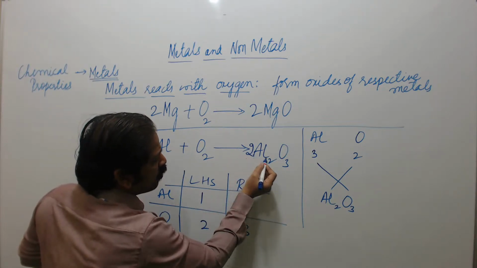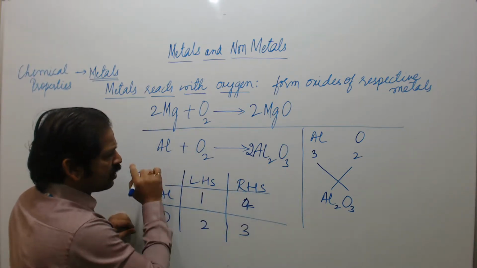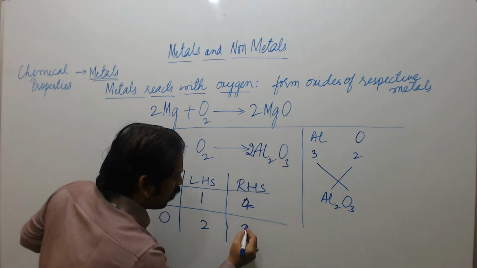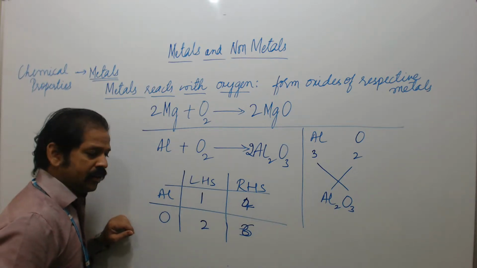Aluminium has become 2 twos are 4 on the right side, and the left side is 1. Oxygen: 3 twos are 6. Oxygen has become 6 on the right side.